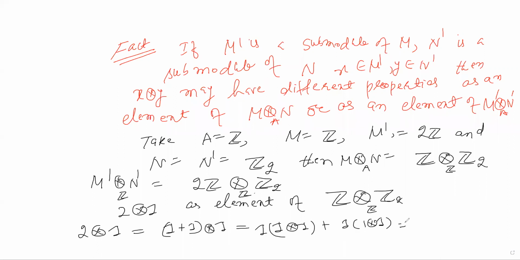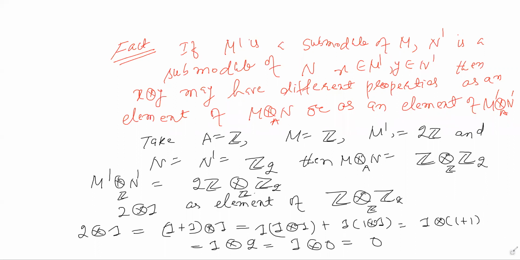And again you can put it as 1 tensor 1 plus 1, which is 1 tensor 2, and in Z2 it is equal to 1 tensor 0. 1 tensor 0 is 0. Okay. So as an element of Z tensor product Z2, this 2 tensor 1 is 0.